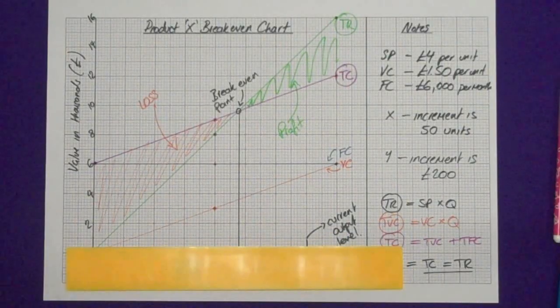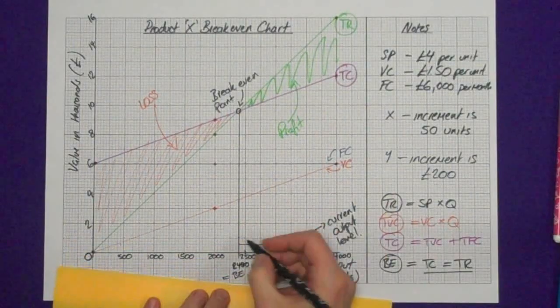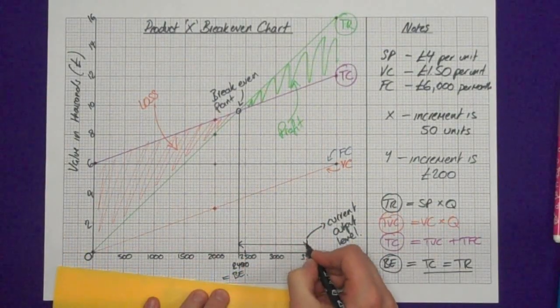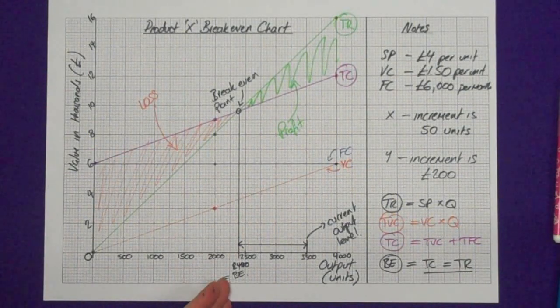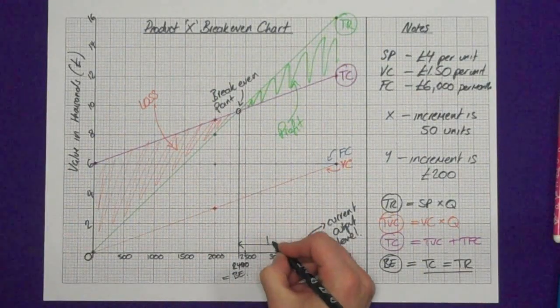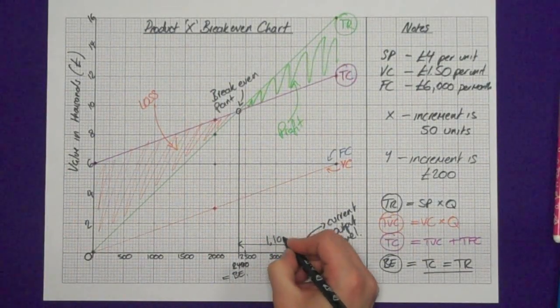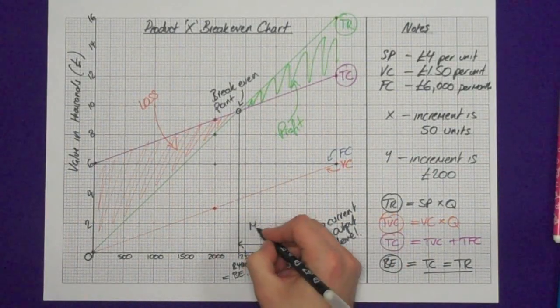Now, the margin of safety shows the difference between our current level of output, our expected level of output, and the break-even point. So you can see here that break-even, 2,400, and current output, 3,500, that's a difference of 1,100 units.